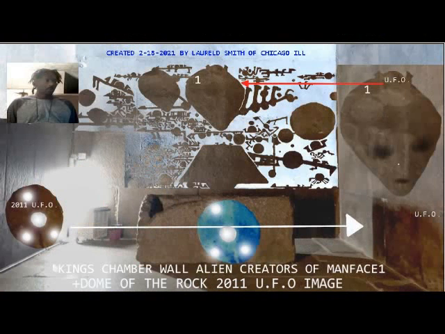The alien face that created man has the Aramaic name of Allah. Now, there's a 2011 UFO that appeared over the Dome of the Rock in Jerusalem. It has a big circle of light in the center and 3 smaller white triangles of light surrounding that. This is the image that we find on the King's Chamber wall connected to the alien creator of man's face.